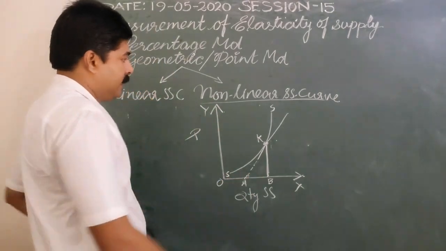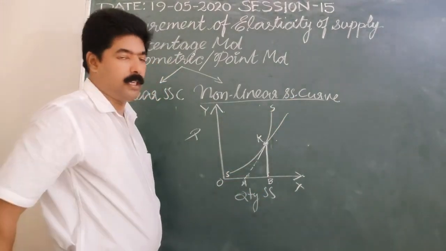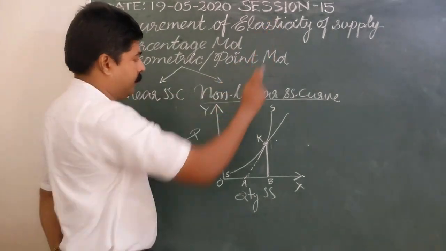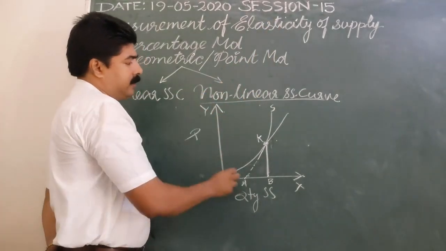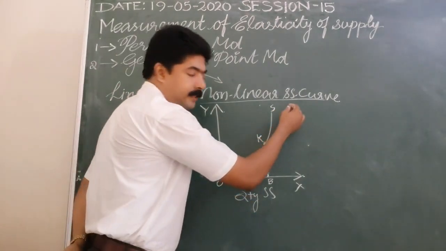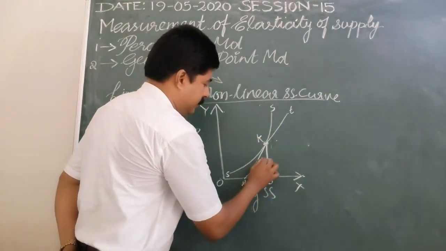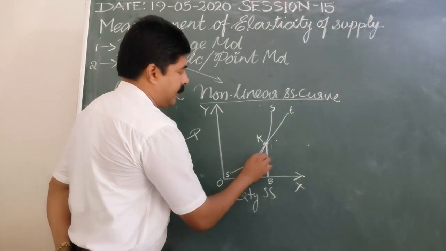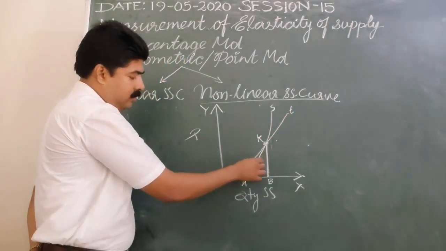So the first step to calculate elasticity of supply on a non-linear curve is to make a tangency line. You can give the tangency line a name, TT. TT is the tangency line, and that line is extended towards x.